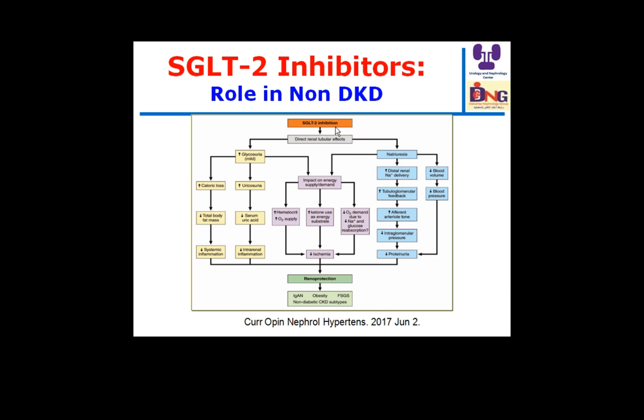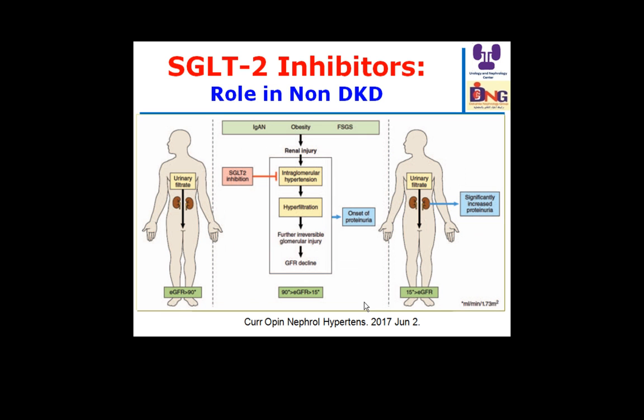This is the action of sodium glucose cotransporter 2 inhibitor that we discussed together: increasing glucosuria because they are glucoretic, and natriuretic, and at the end of the day, we'll find renal protection and decreased hyperfiltration. And this may be protective, especially in obesity-related chronic kidney disease, FSGS-related, and IgA nephropathy, because all these are non-diabetic kidney diseases with hyperfiltration.